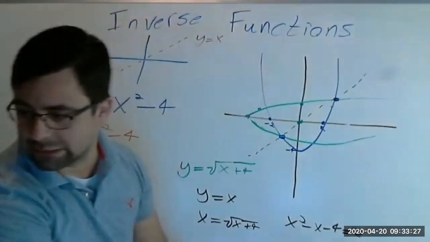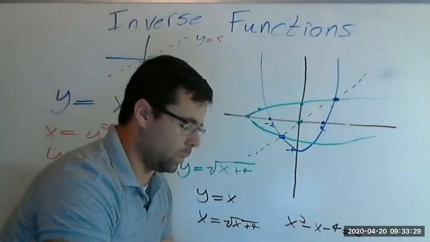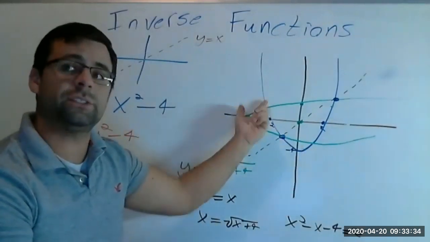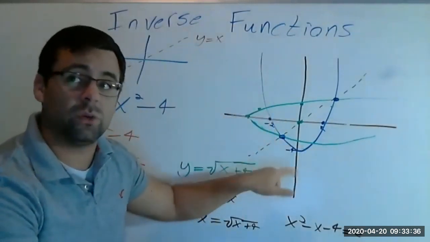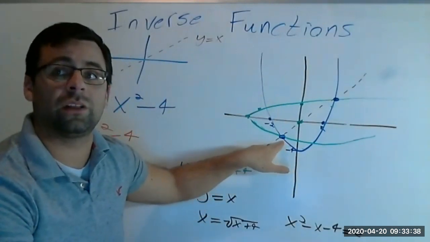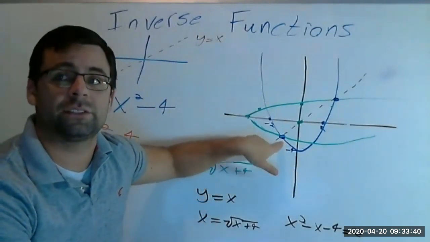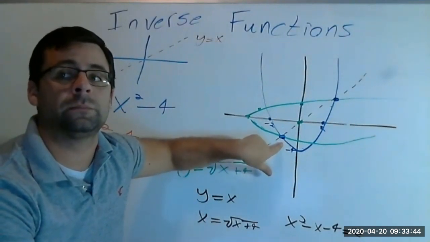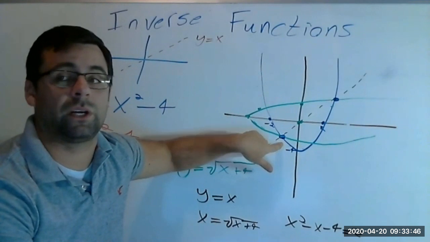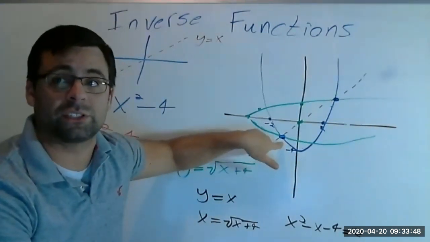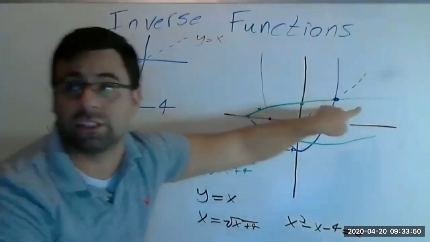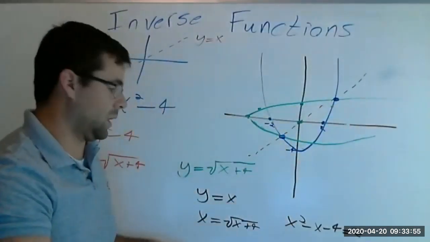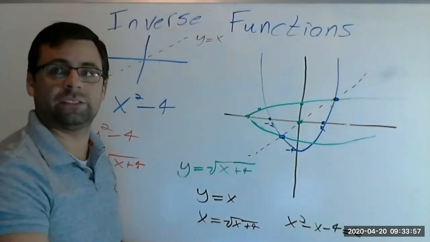But the point is, where two inverses touch will always be along this y equals x axis. That's always where one of their intersections will be. In this case, there are two intersections on this axis.